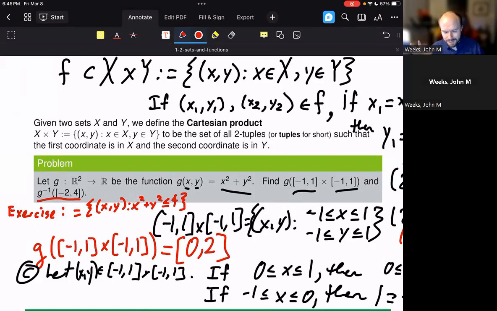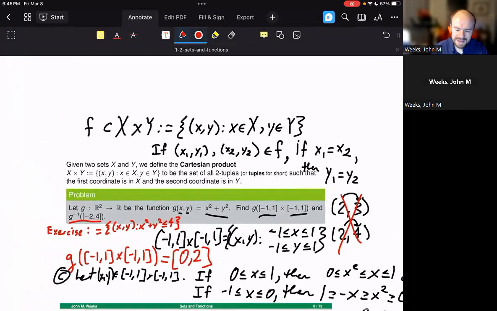So where's this coming from? Notice here that this is not a set of intervals for this particular answer, and that's because you can't actually get that here. There are no intervals that work neatly here. If I'm drawing a picture of all of the points inside of R2 in the domain that map to something inside of the set going from -2 to 4, then what I'm drawing is a circle of radius 2.